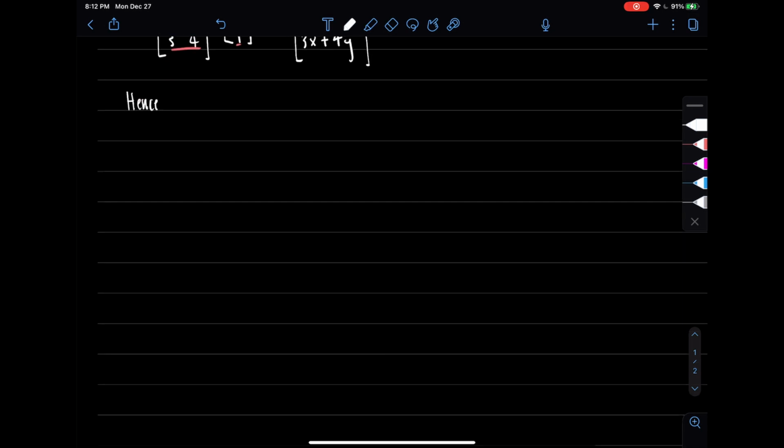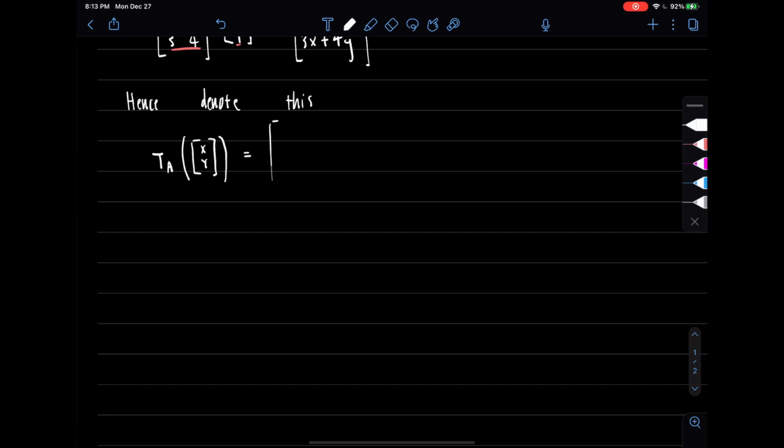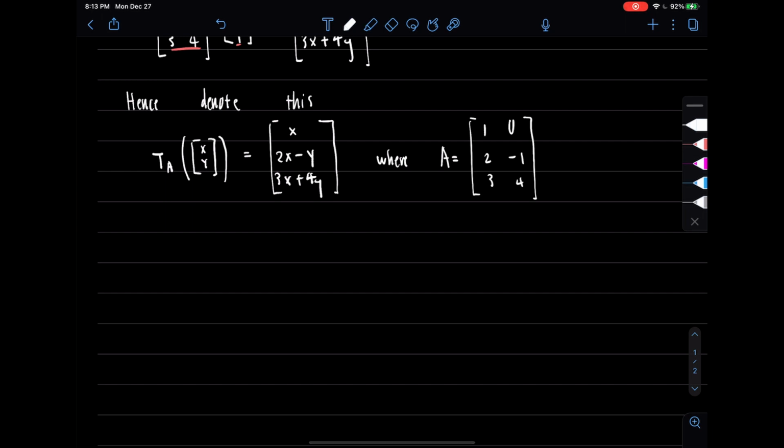The way we denote this is the transformation TA on xy gives us the 3 by 1 matrix x, 2x minus y, and 3x plus 4y, where A is the matrix we have above, 1, 2, 3, and 0, 1, -4.